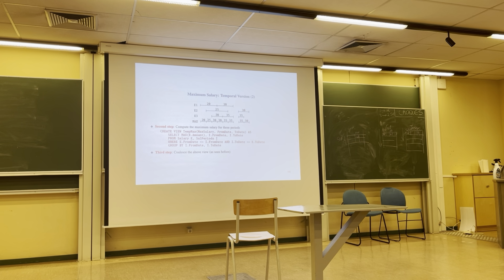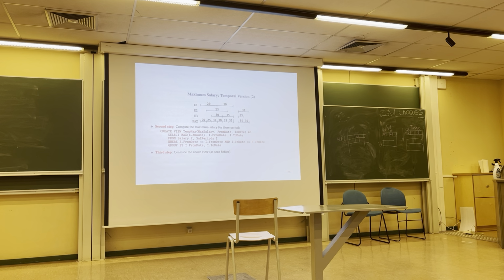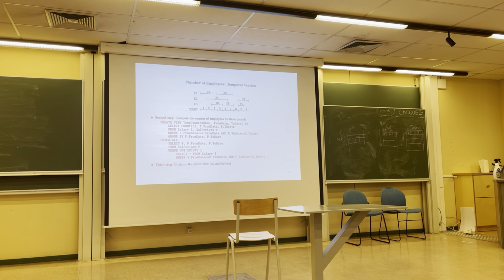The other case is a small variant, the count. How does this differ for the count? The only difference is that the temporal count will be: here I have one employee, here I have two employees, here I have three employees, here I have zero employees.